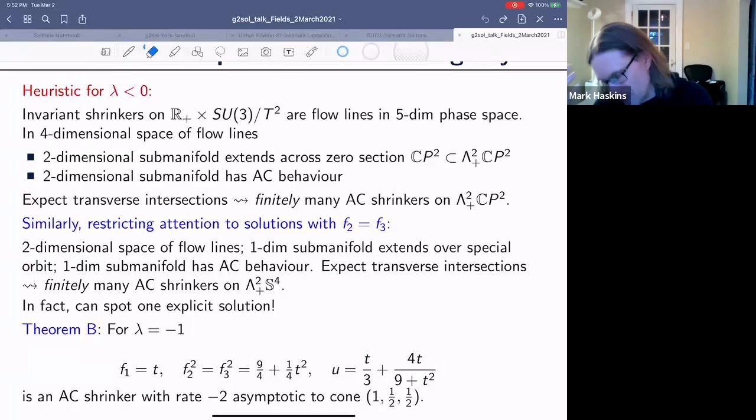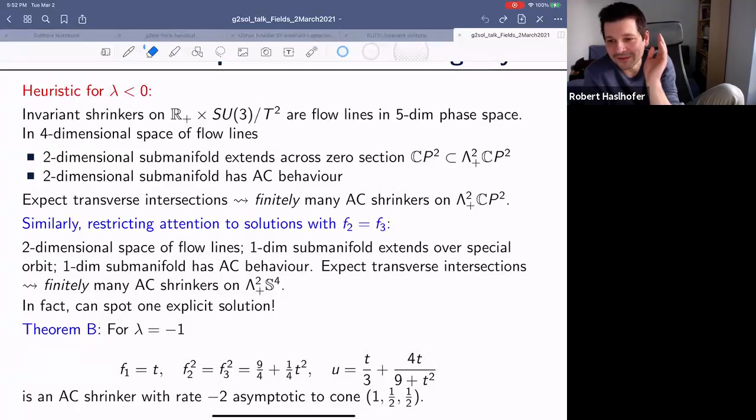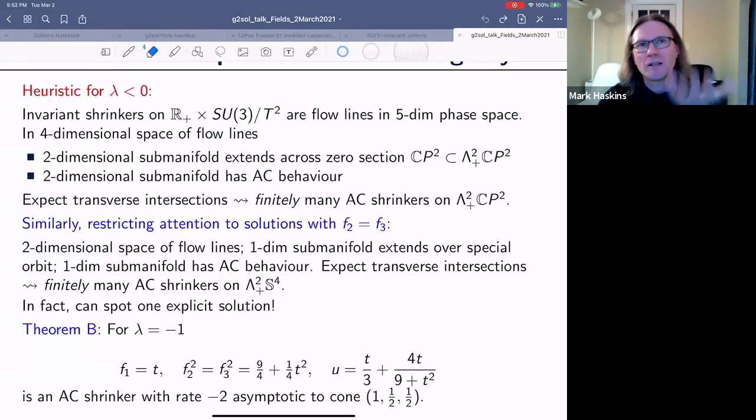I don't know how to give a picture of that in the G2 world. But at least it corresponds to some degenerate situation. It should. In the Lagrangian mean curvature flow, it corresponds to a degenerate situation.